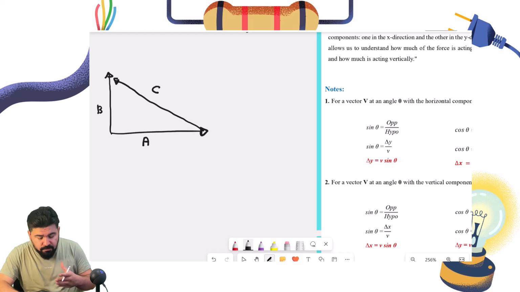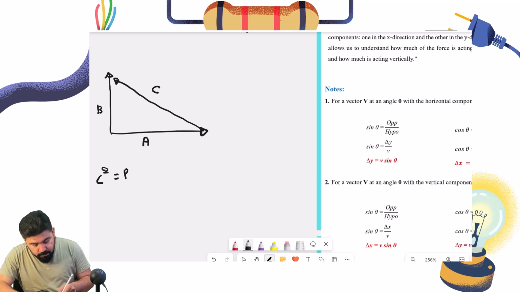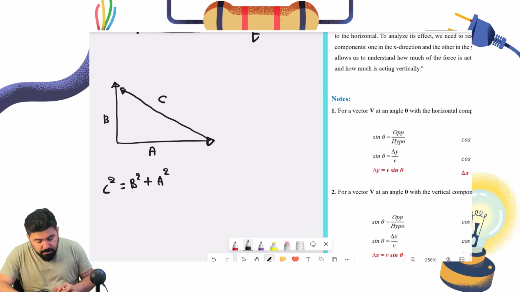Now, how can we find the resultant vector here? We were saying C squared is equal to B squared plus A squared, or A squared plus B squared, doesn't matter. This is for finding the magnitude.